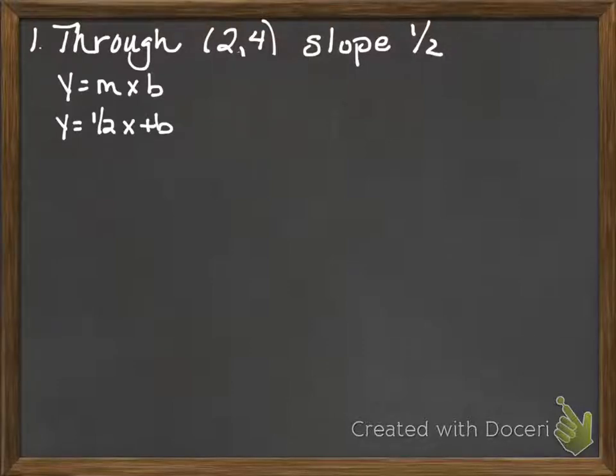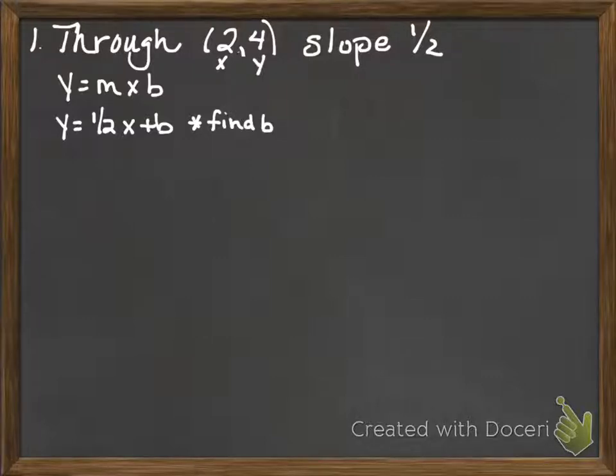And really the only other thing that we need in order to solve is to find our b. And in order to do that, we are going to use the coordinates (2, 4). So our 2 represents our x and our 4 is our y. So we can go ahead and plug that into our equation and use that information to find our b.